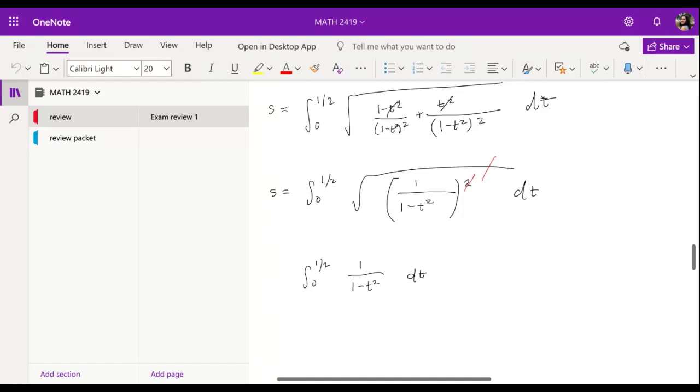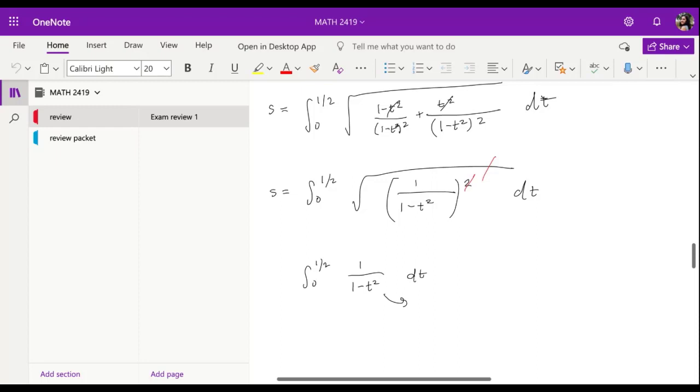Okay, so that's okay, but probably the easiest way to do this is to use partial fractions, because we can factor the denominator into 1 plus t and 1 minus t.